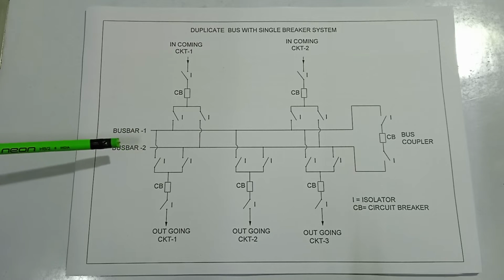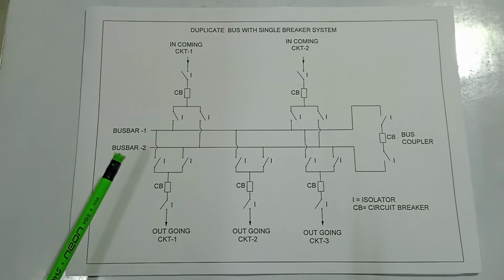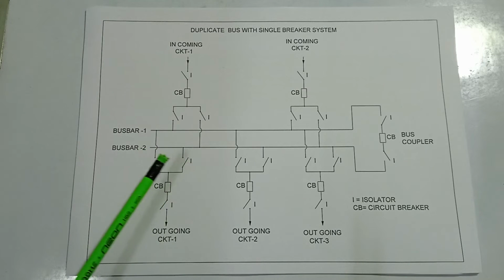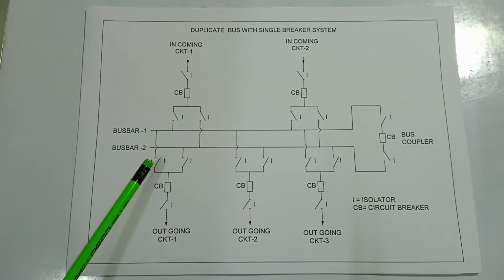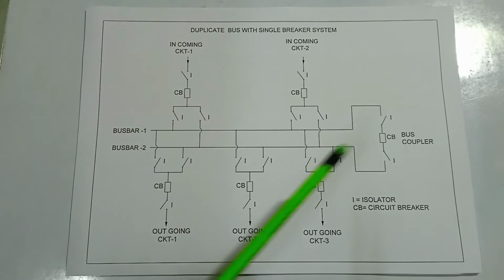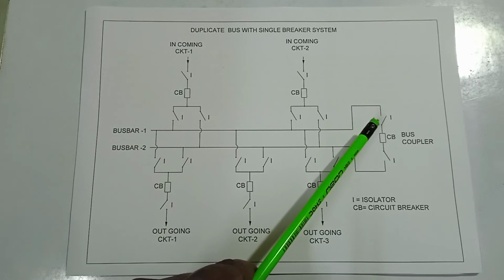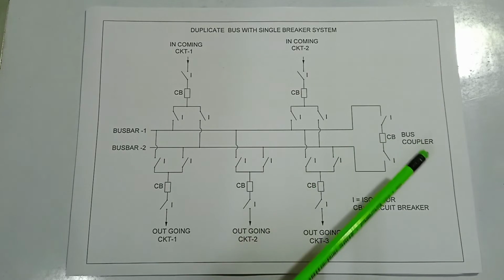When I transfer the load, first close the circuit breaker, then close the reserve bus isolator, and then open the main bus isolator, and next open the circuit breaker of the bus coupler and the associated isolator.